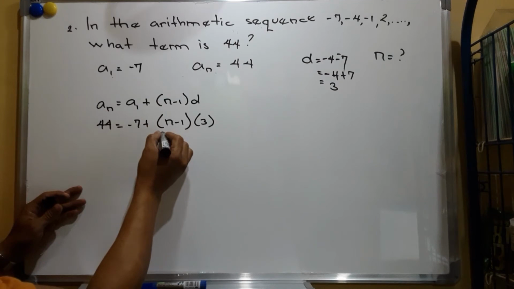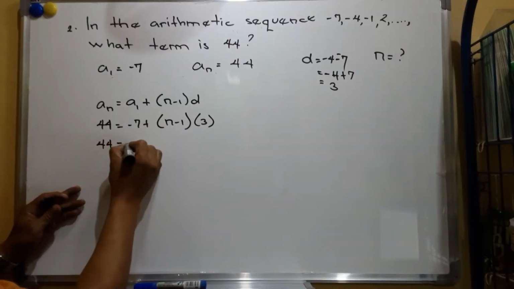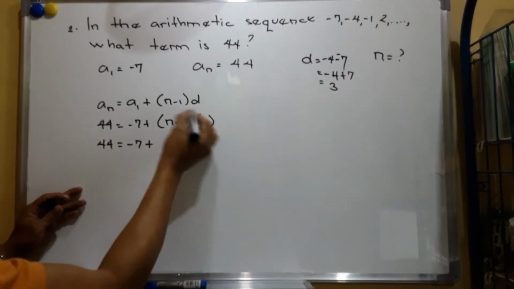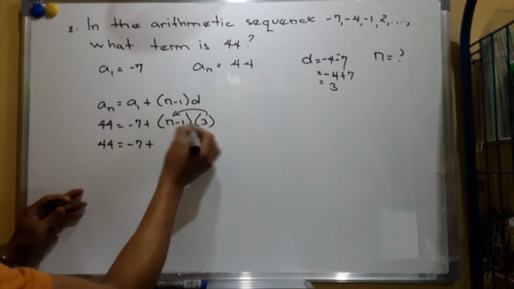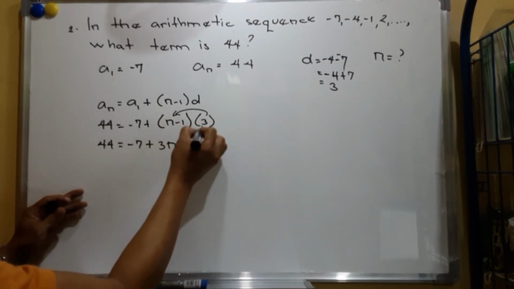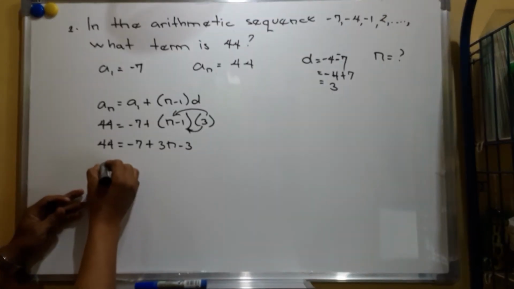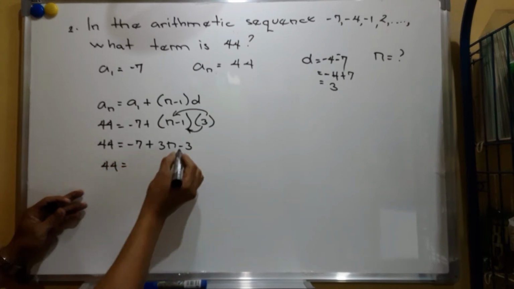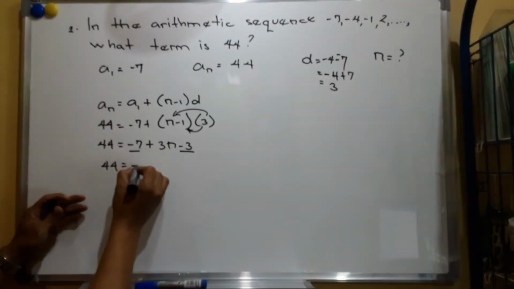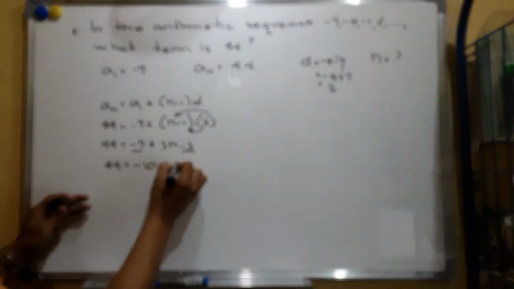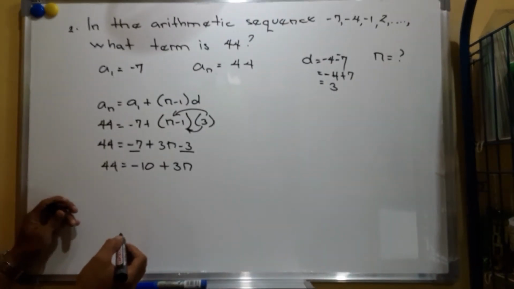Compute first what is inside the parentheses. So, 44 equals negative 7 plus multiply n minus 1 to 3. So, 3 times n first, that is 3n. And then, 3 times negative 1, that is negative 3. So, 44 would be equal to, combine similar terms first, negative 7, negative 3, that would become negative 10 plus 3n.